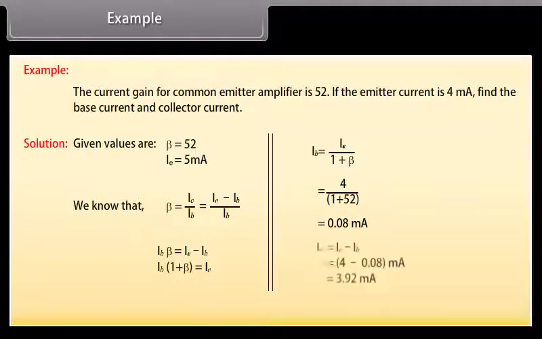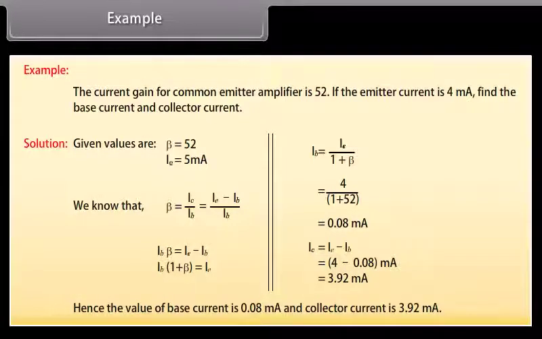We know that IC is equal to IE minus IB. Now putting the values in the expression and calculating, we get IC is equal to 3.92 mA. Hence the value of base current is 0.08 mA and collector current is 3.92 mA.